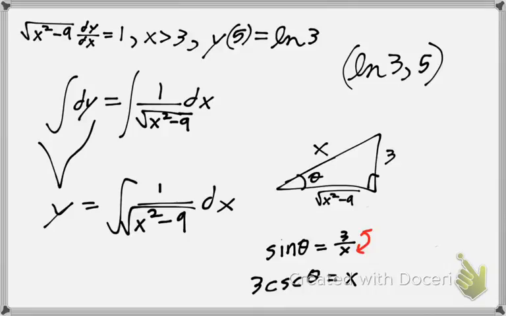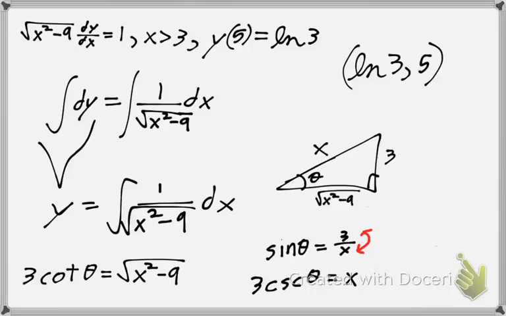Now we have to find the value to plug in for the root of x squared minus 9. That would be tangent, but that would get us opposite over adjacent, and what we want is to have the root of x squared minus 9 on the top, so we're going to do cotangent instead. So 3 cotangent theta is equal to the root of x squared minus 9.